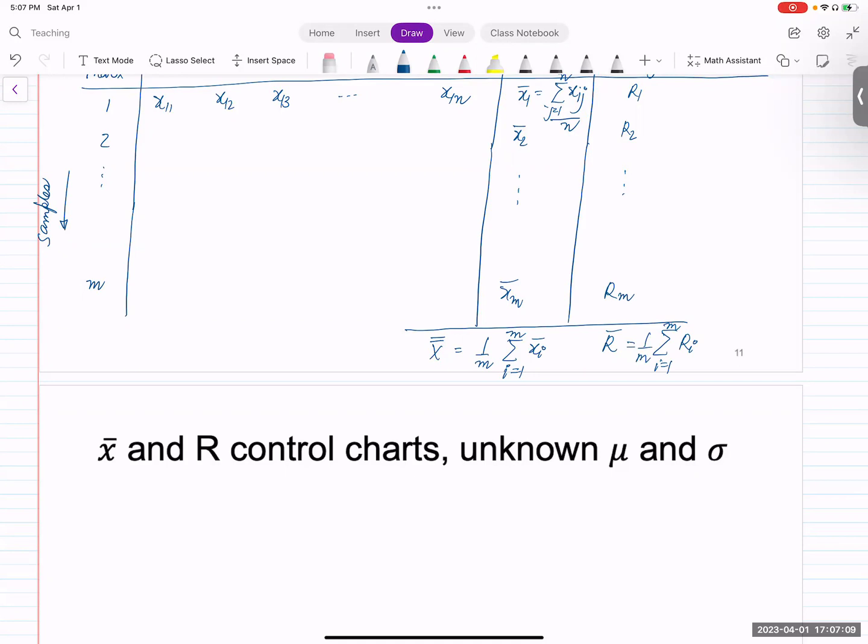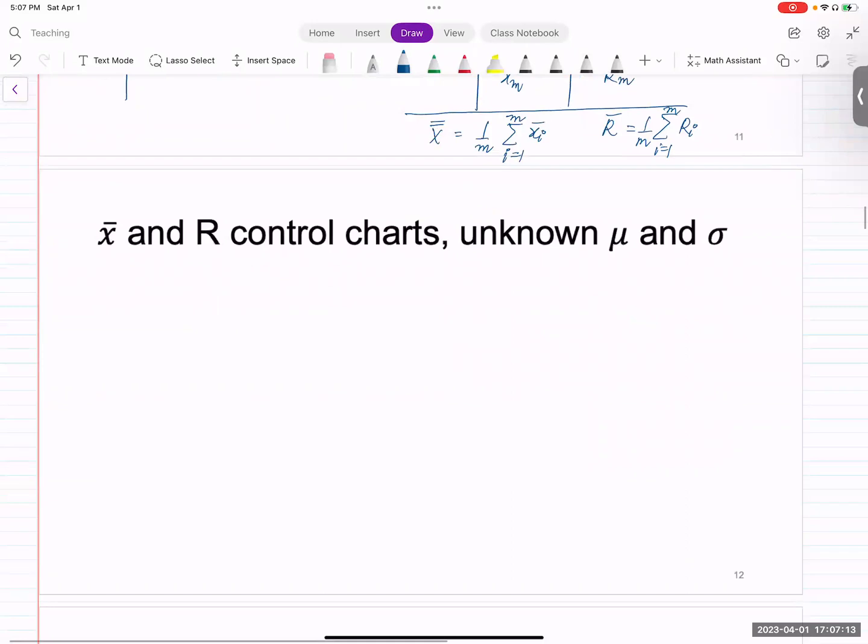Now you have x double bar and r bar. Now let's go back to the control chart. In this scenario, we still want to construct an x bar and r control chart, but we don't know mu and sigma. So if we don't know mu and sigma, we're going to estimate them from data. Okay, so let's first talk about the x bar control chart.